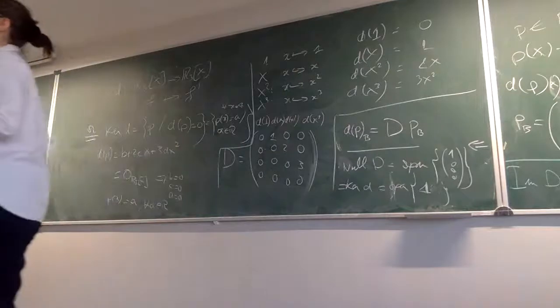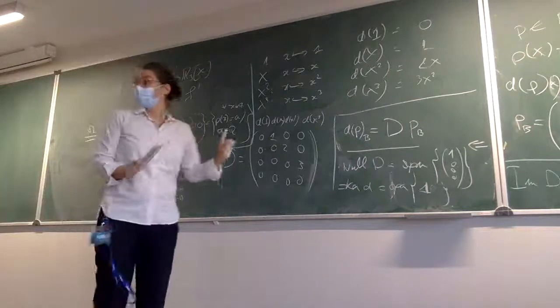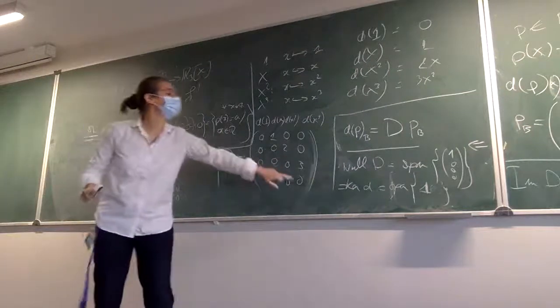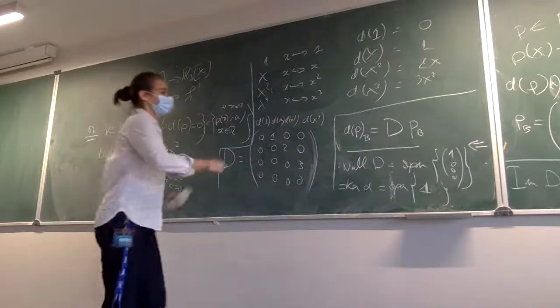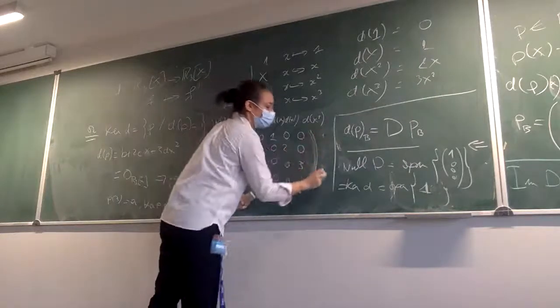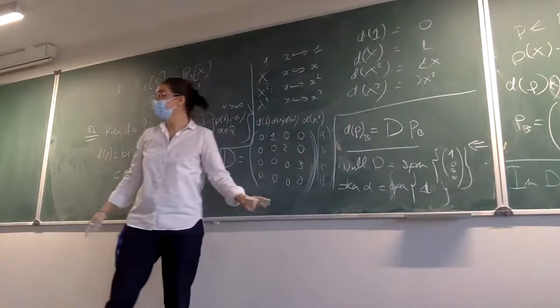Can you explain how you find the null space of the matrix D? There are two ways. Very easy. You're looking for A, B, C, D such that this times ABCD is equal to 0.